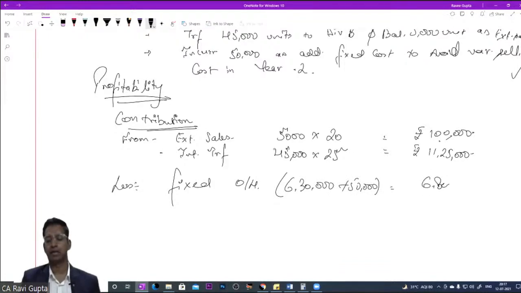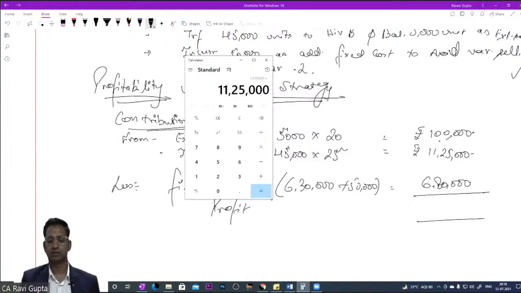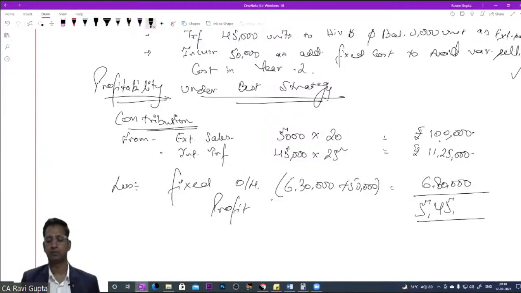So it's 6,80,000 rupees, and our profit under the best strategy will be plus 1 lakh minus 6,80,000, that is 5,45,000. This is the profit amount which will be earned when we follow our best strategy.